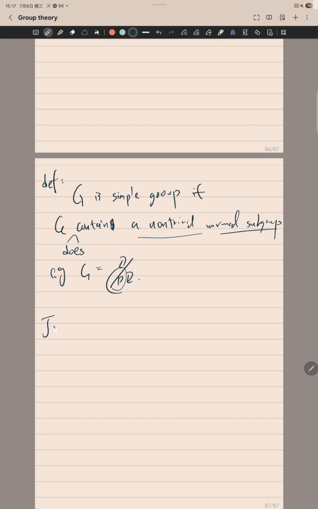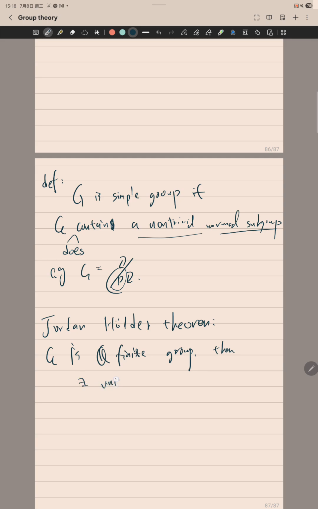Okay, so let me just state the Jordan-Hölder theorem. The Jordan-Hölder theorem is really interesting. It claims the following: if G is a finite group, then there exists a unique, and the unique is hard to describe, so I will describe it in the future, there exists a unique normal tower.